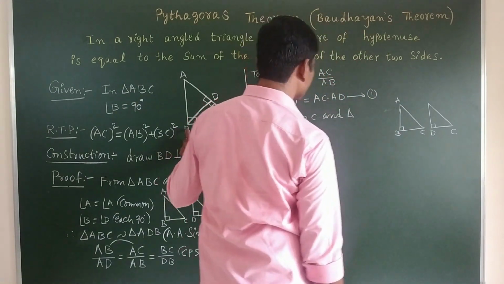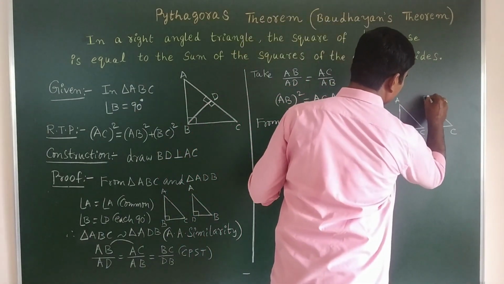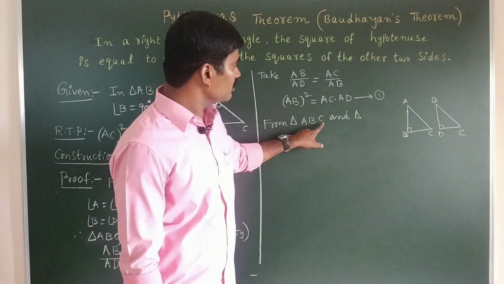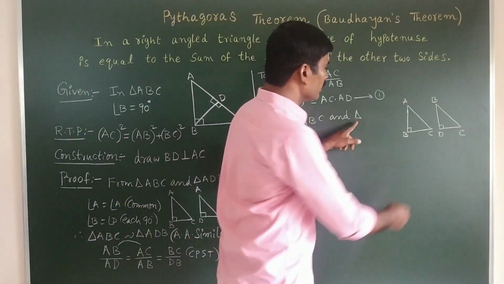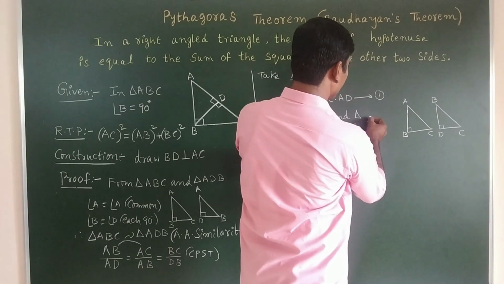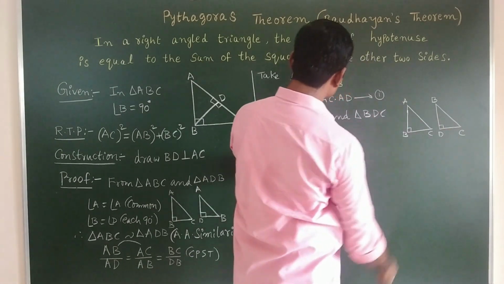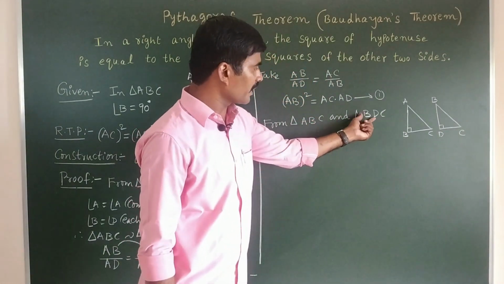And the remaining vertex in this triangle is B. So compare the corresponding parts of triangle ABC with triangle BDC.